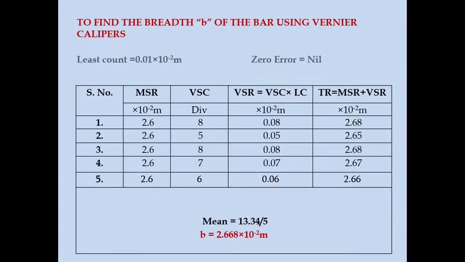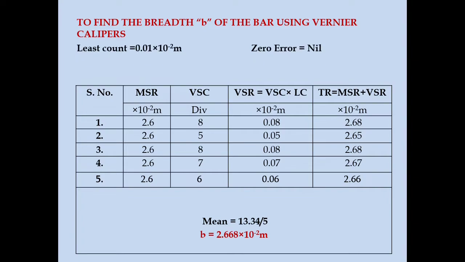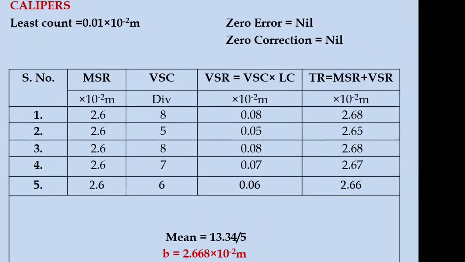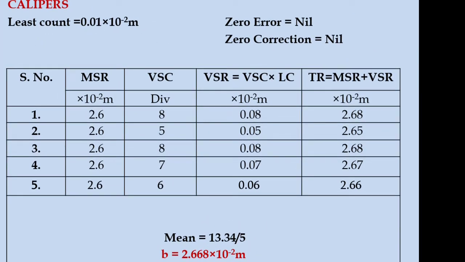The next is the breadth of the bar. The least count of the vernier calipers is 0.01 into 10 power minus 2 meters, and the error here is nil. The first column represents the main scale reading, the second column represents the vernier scale coincidence, and the third column is the vernier scale reading, which is calculated by vernier scale coincidence into least count.